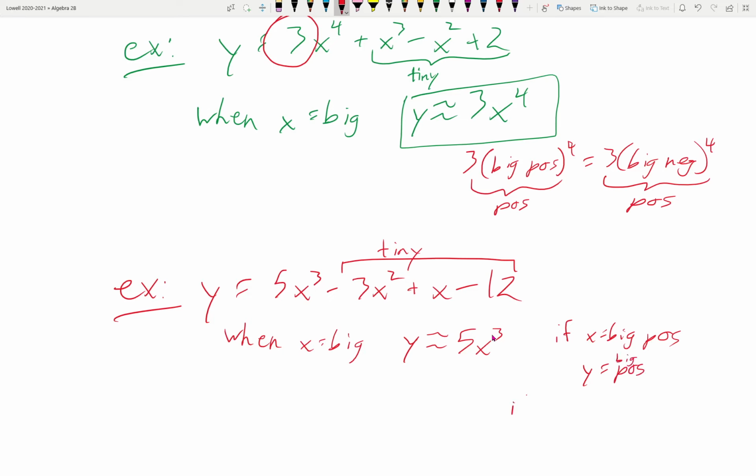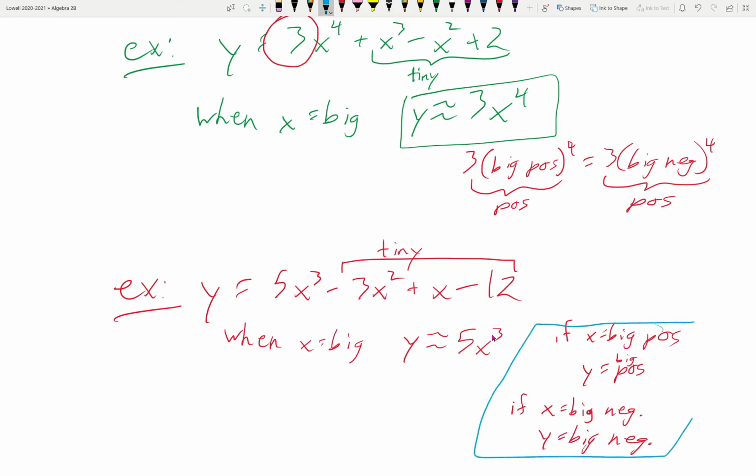But if x is negative, then a negative number raised to the third power is still negative. And so that's why an odd degree polynomial will start and end on opposite sides, positive, negative, whereas an even degree polynomial will start and end on the same side.